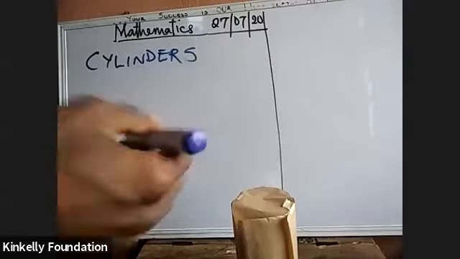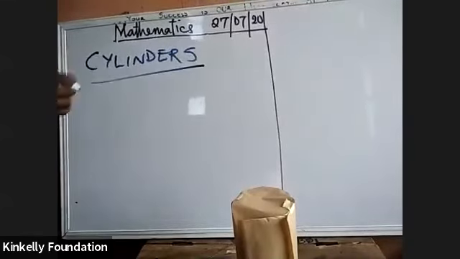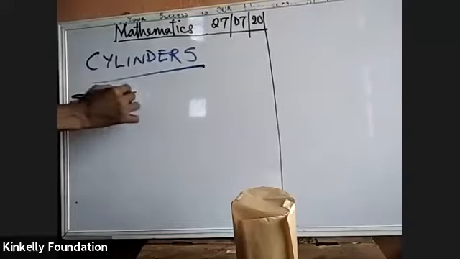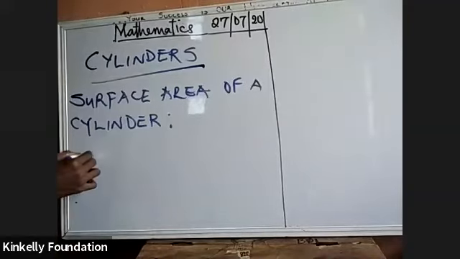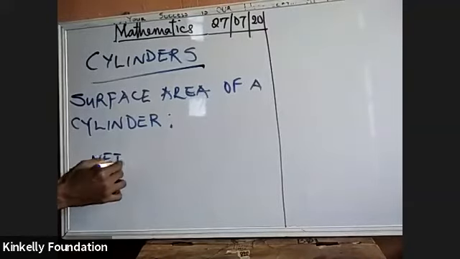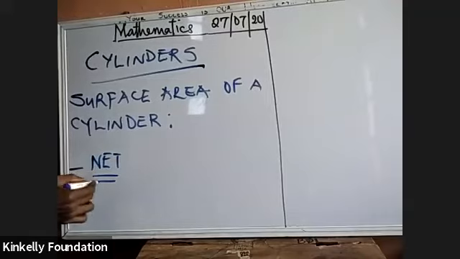Under cylinders and cones, under cylinders, we first of all look into what we call the net. The surface area. We look at what we call the net of a cylinder.